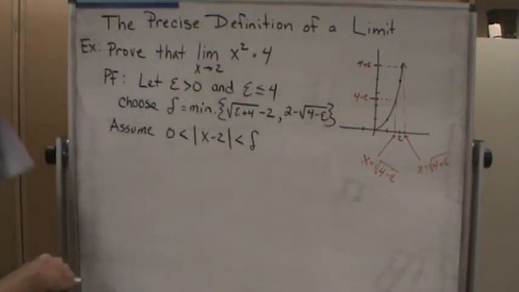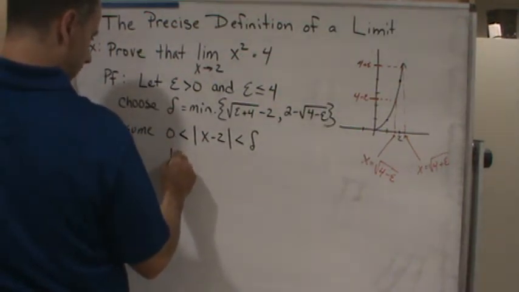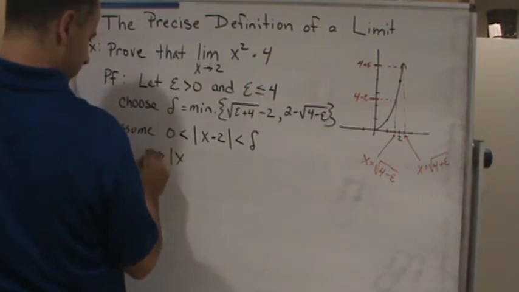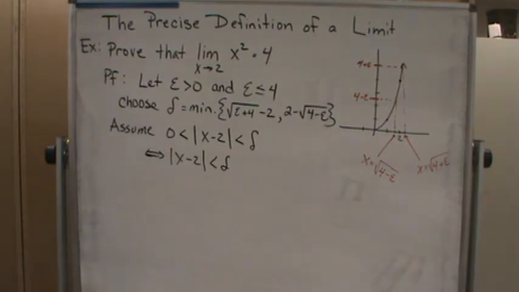So now, what are we going to do? So let's start by just saying, well, the absolute value of x minus 2 is less than delta.